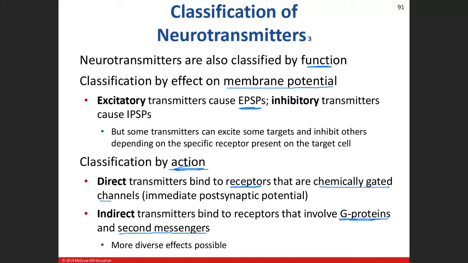I'll take the message to them. So that's pretty much what happens. I can't get into your house. The house is the cell. I'm the chemical neurotransmitter, and I leave the message with the butler. The butler then takes it up the stairs into the bedroom or into the study and gives you the message. And that's basically how it works for indirect transmitters. That involves our second messenger system.